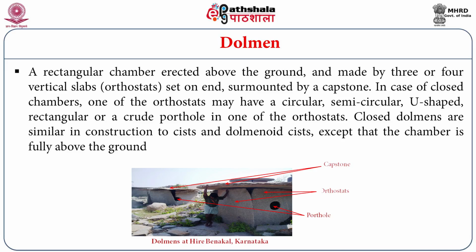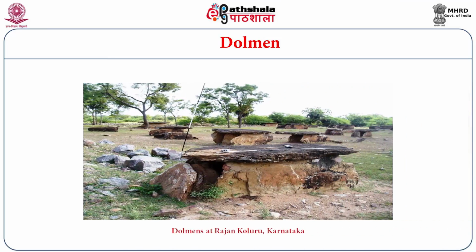You also find sometimes paintings in these dolmens. We do not know if these paintings were originally done by the people who created the dolmens or by the later period people who just occupied them. We do have evidence of paintings in a few dolmens. This is another dolmen at the site of Rajan Koluru in Karnataka.